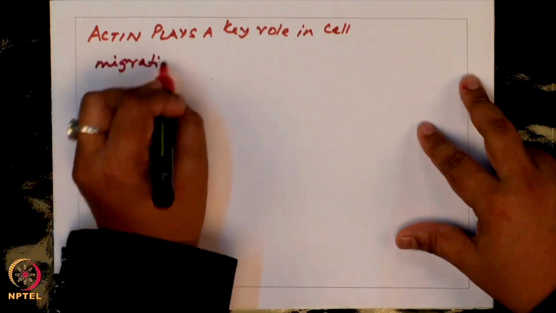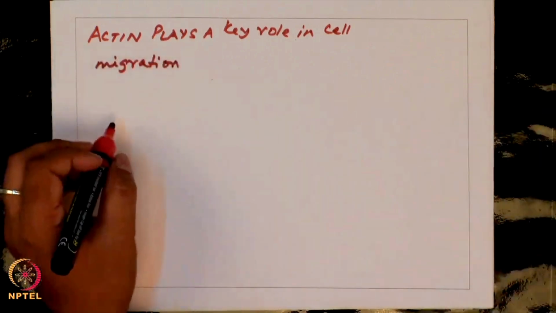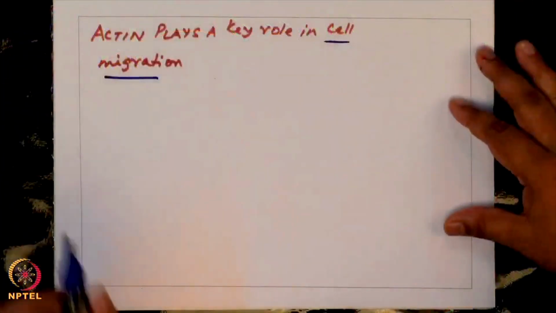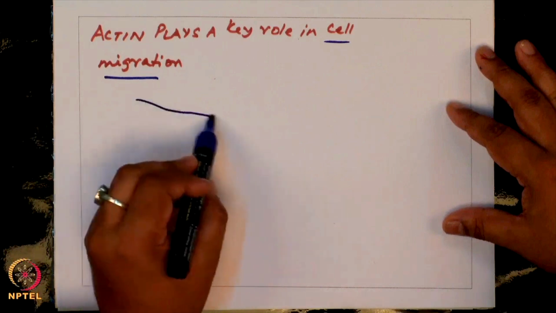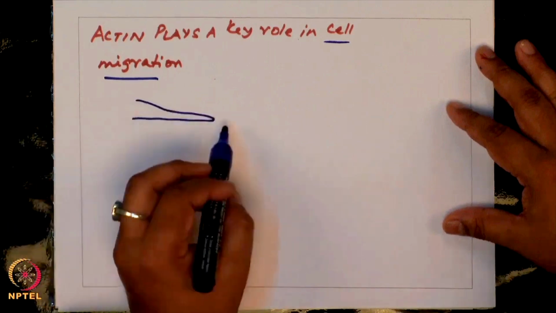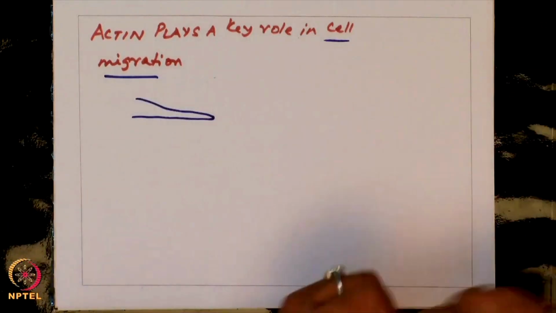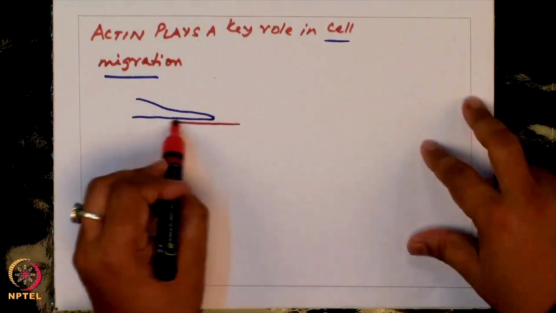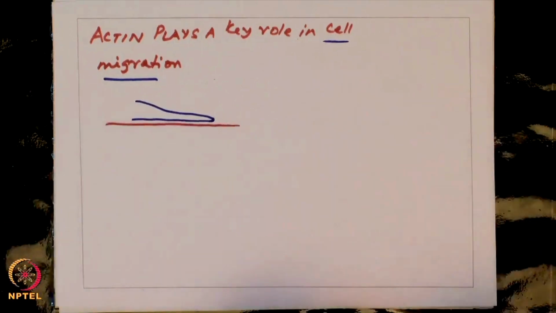So, what we are going to discuss today is to study how actin participates in directing migration of cells. So, for that let us first look at the various steps which are involved in cell migration. So, in cell migration, if I were to draw in side view, let me draw the substrate. This is your substrate.